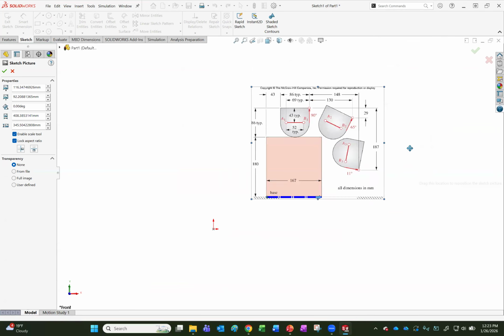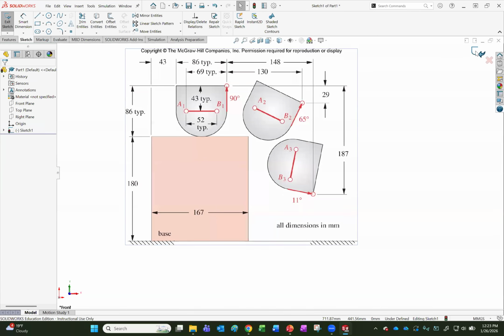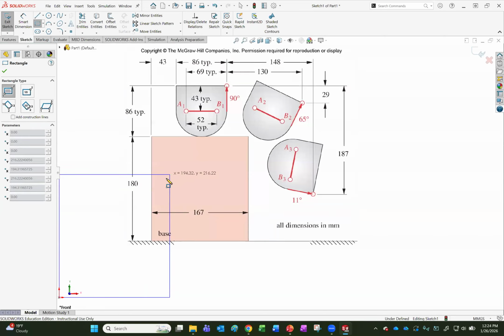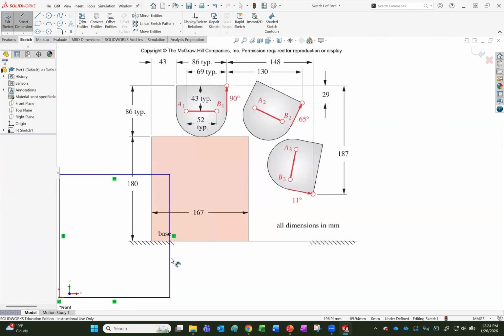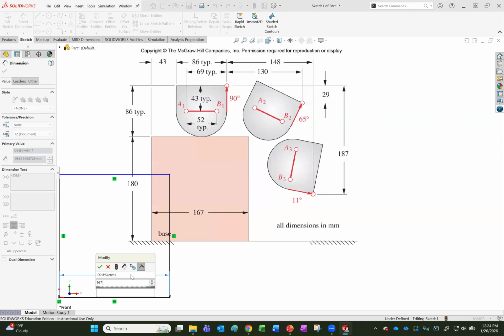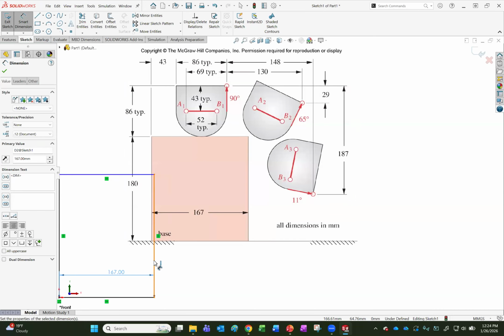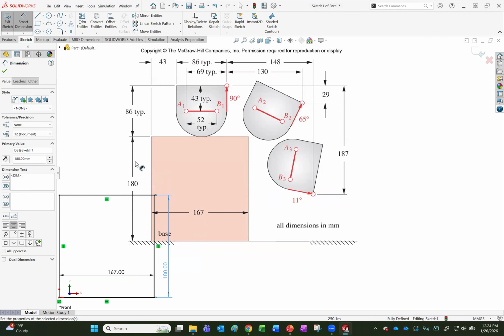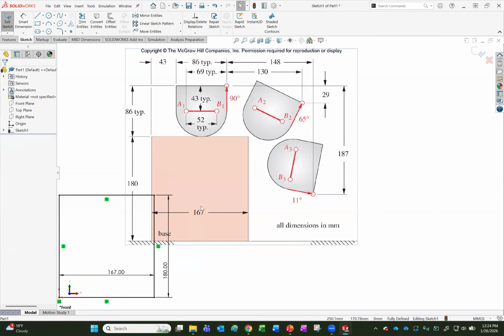Another thing you can do if you want to make it scaled, when we're still in the sketch but not in sketch picture mode, is go to here, make a sketch, and make this 167 and make this 180. Get out of the dimension. Now double click on here.